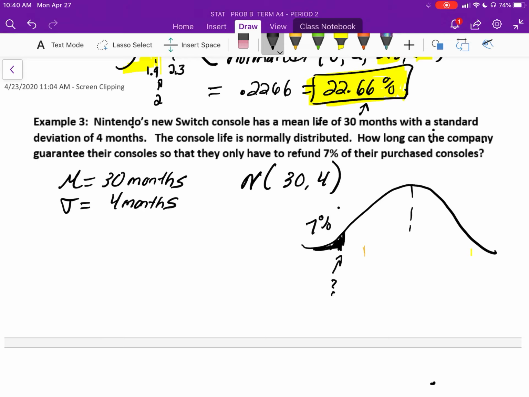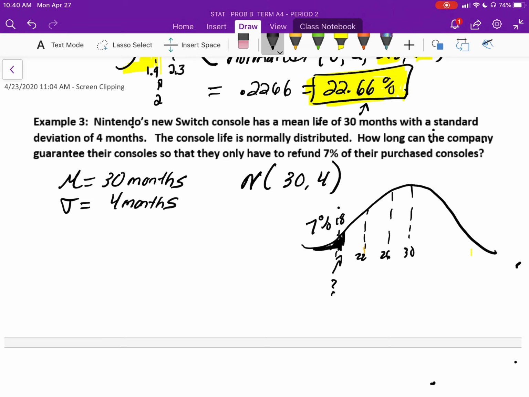When we know 30 goes in the middle and the standard deviation is 4. So if I start subtracting 4, 1, 2 times, this is probably going to be 26 months, and this is going to be 22 months. And if I go one more step, I'm going to be down at 18 months. So it looks like that 7% is going to be somewhere between 18 and 22.